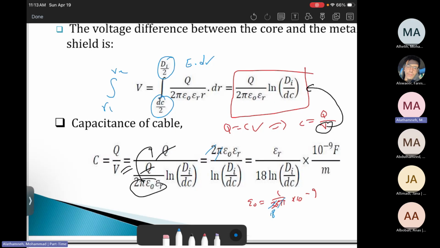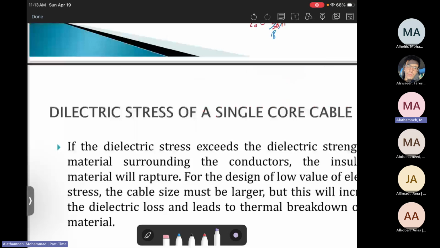Pi with pi cancel each other. Then here we substitute epsilon naught. Then it will be epsilon r divided by 18 ln DI divided by DC. Then the answer will be in farad per meter. That's the thing that you need to keep in mind.